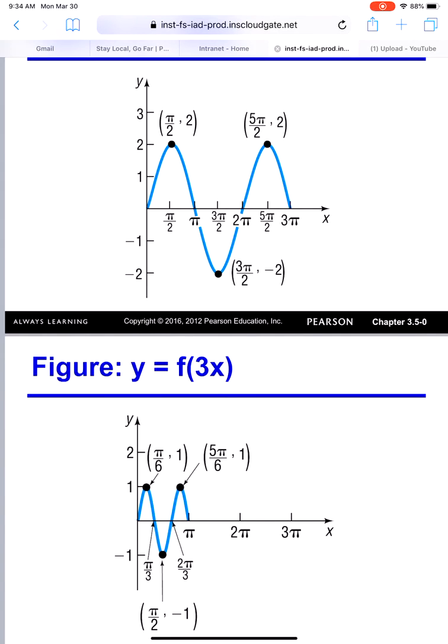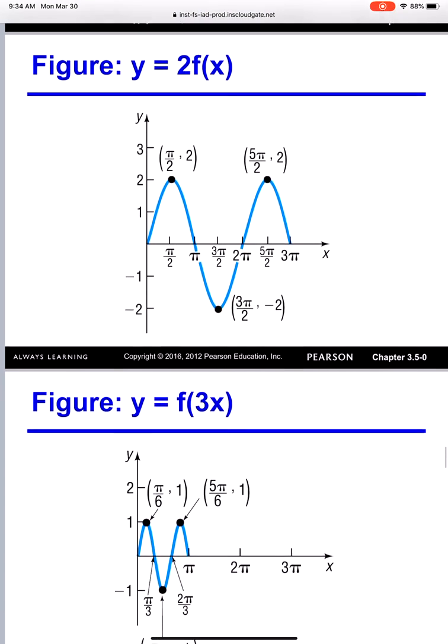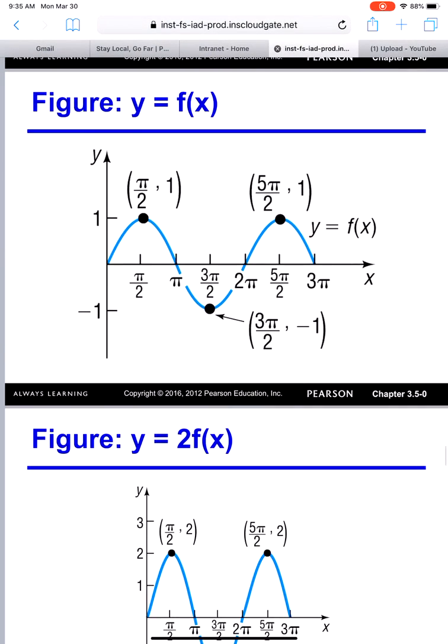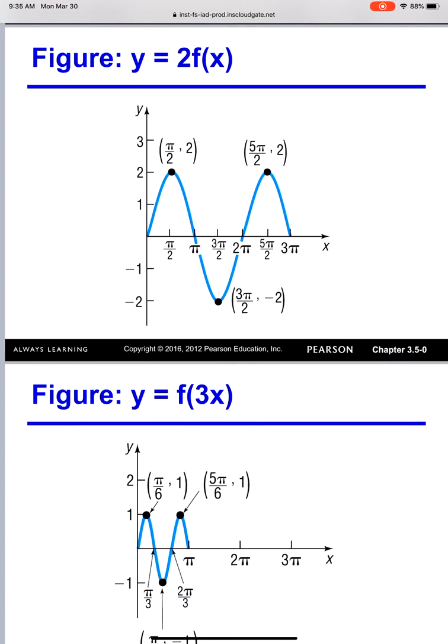So look what happened, okay? We compress that graph compared to the original. We're using exactly the same y coordinates. I'm going back to the original graph. You had pi over 2 comma 1, and I'm using points 5 pi over 2 comma 1. Look what happened here. We still have 1 and 1, the same y coordinates, but x coordinates were affected.